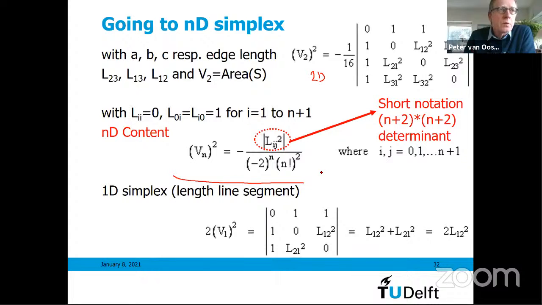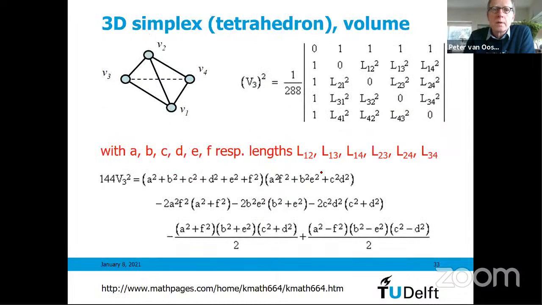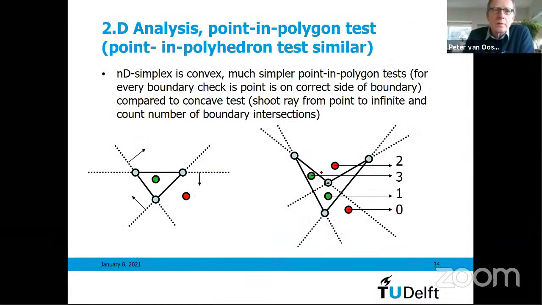So it's easy to compute. The formulas are not simple, but you can compute it very well. And so here I showed you the 3D example. This is the 5x5 determinant. I will not ask to do this at the exam. It's good that you are aware of this.